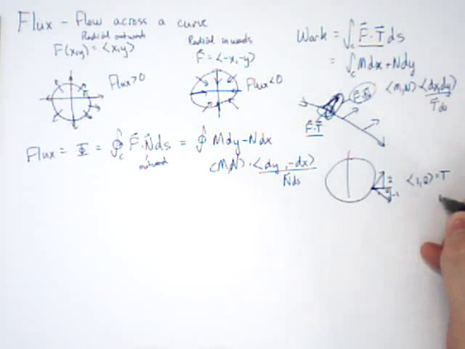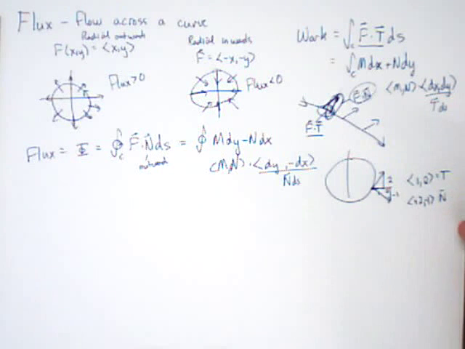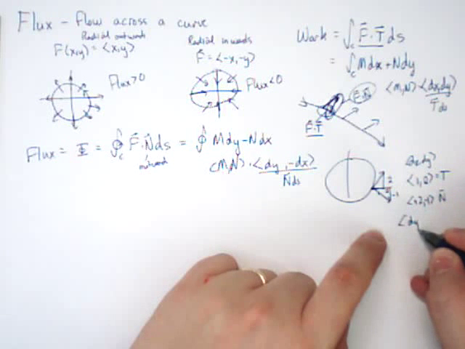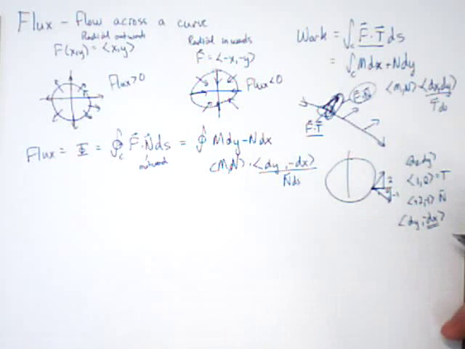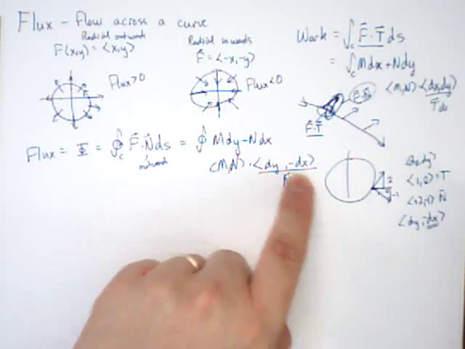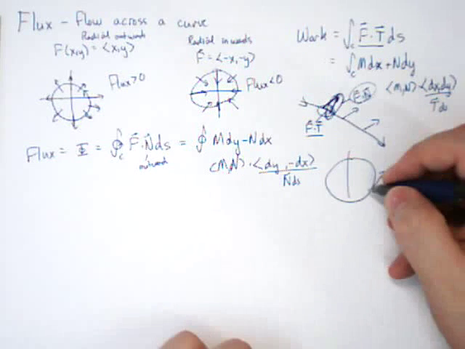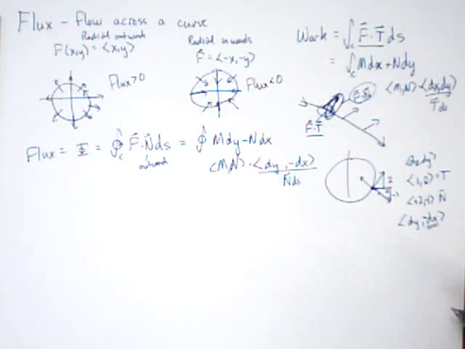So if that's T, then the normal vector would be over 2, down 1. Notice that I took the dx, dy, flopped the order, dy, dx, and put a negative sign on the x term. That's why we have a negative here. To get the vector going out, you always put a negative on the right term. If you want the vector going in, you put the negative on the left term. Well, that gives us our formula.